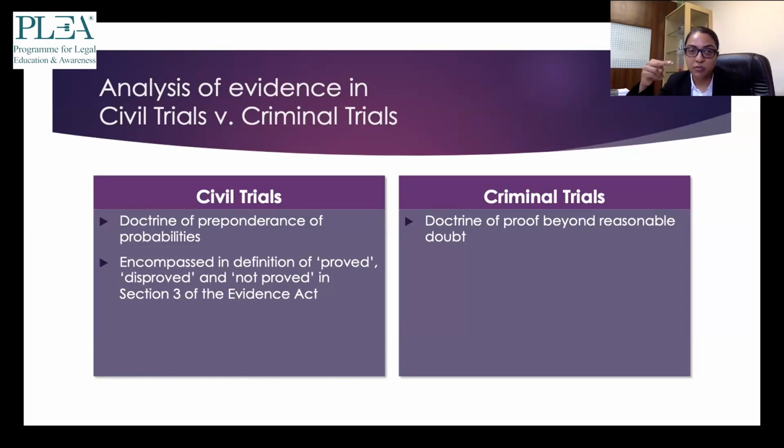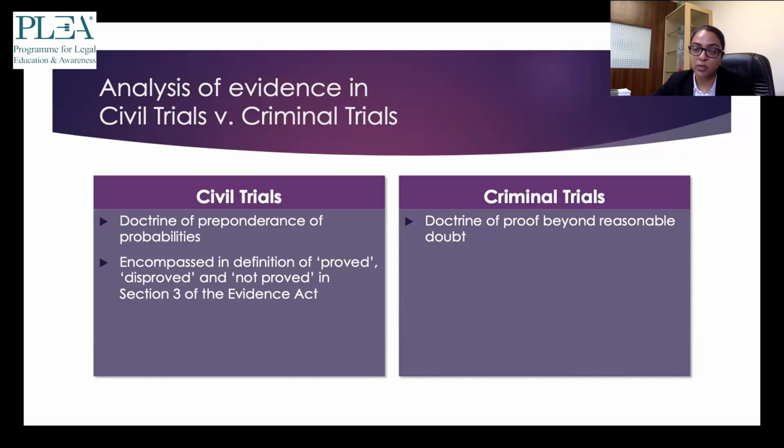And the definition of disproved is exactly the opposite, logical, right? A fact is said to be disproved when, after considering the matters before it, the court either believes that it does not exist or considers its non-existence so probable that a prudent man ought, under the circumstances of the particular case, to act upon the supposition that it does not exist. So the court either believes that whatever you brought on record makes it very clear that this fact does not exist, and then it says this fact is disproved.